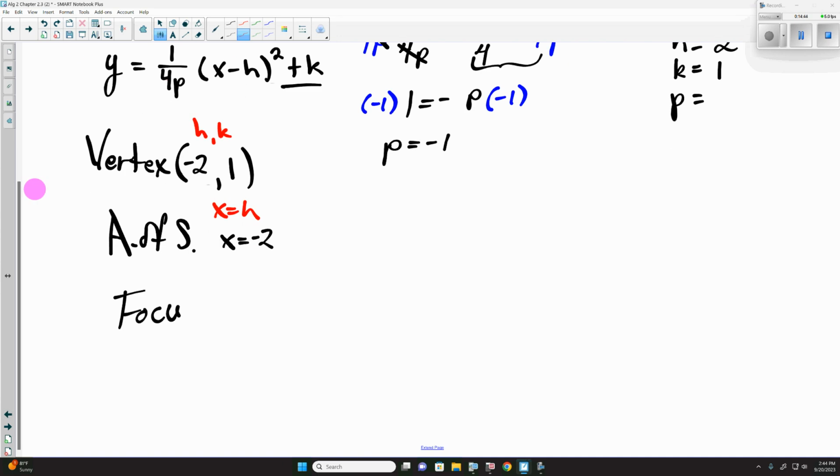Focus is our h comma k plus p. Well, the h value is still negative 2, and then we need our p value. So our k plus p is what? 1 plus negative 1. And 1 plus negative 1 is 0.